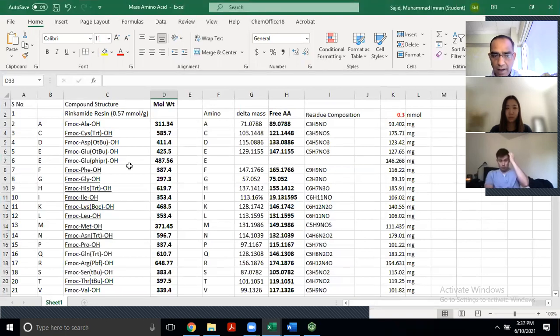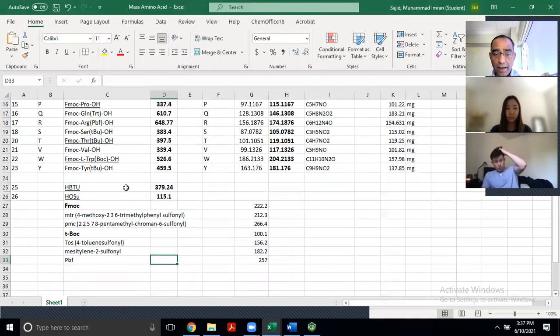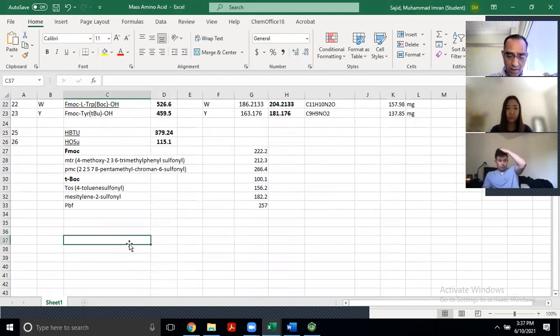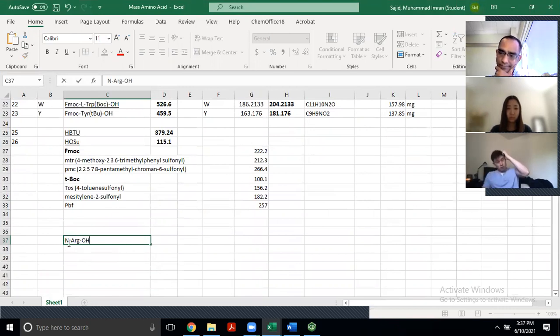Carboxylic. And if I say N, like Fmoc-N-arginine-OH, what does this N mean? Amine group, amino acid. Got it? So this is the jargon. These are the things that you should know.